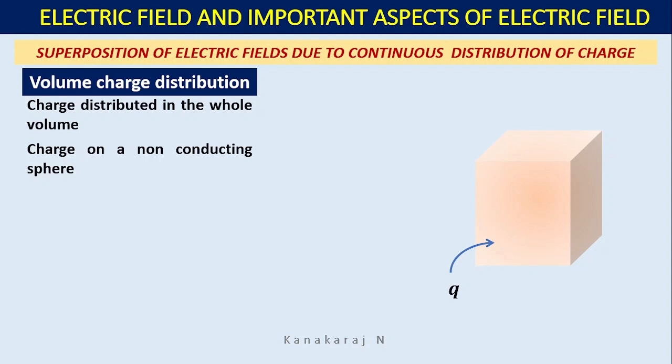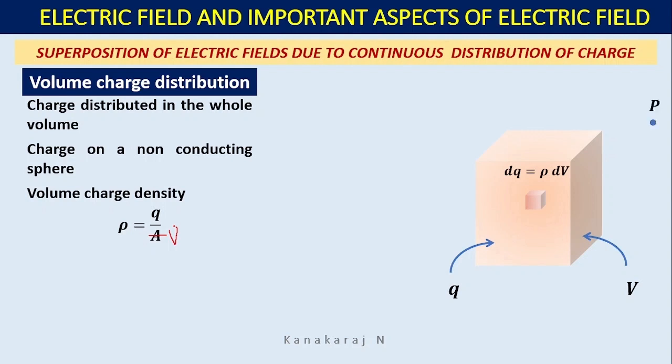A non-conducting cube is taken, which has a charge Q and a volume V. Volume charge density rho equals Q by V. It is not A here, it is V, sorry. So dq equals rho dV.